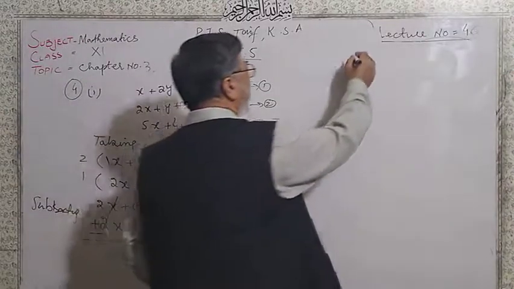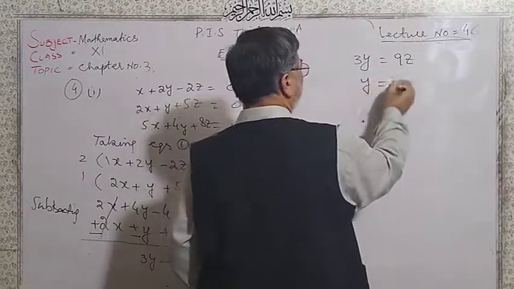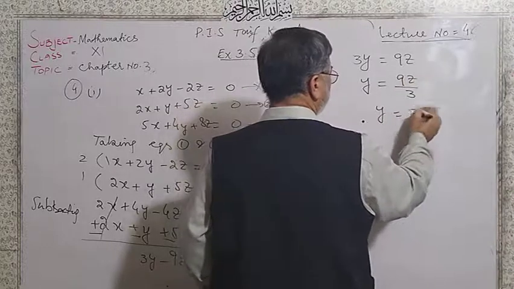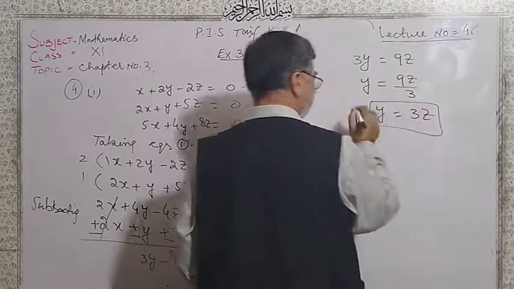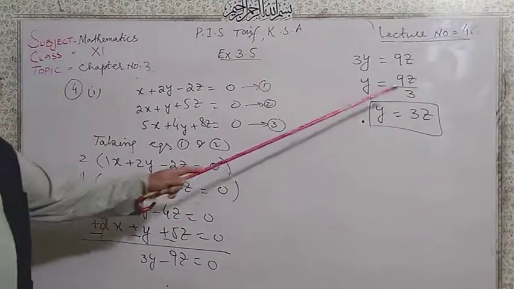So 3y is equal to 9z and y is equal to 9z by 3. So y is equal to 3z. We have written y in terms of z.